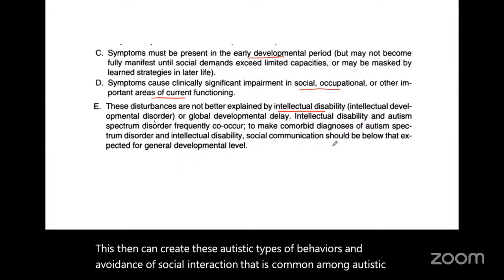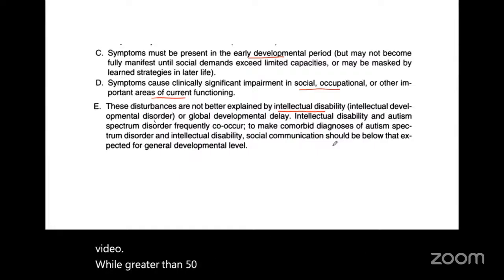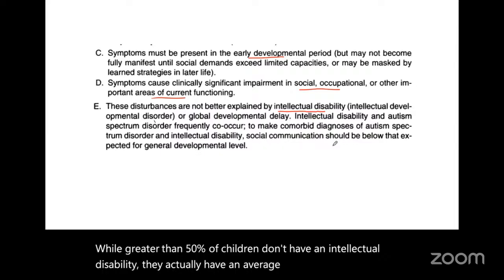So one of the things that is often ruled out before diagnosing a child with autism is making sure they're not intellectually delayed or developmentally delayed. Okay. And it is common for these two to also co-occur, as it was noted in the video. While greater than 50% of children don't have an intellectual disability, they actually have an average or above average IQ.